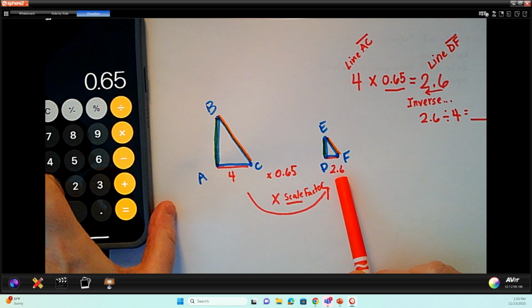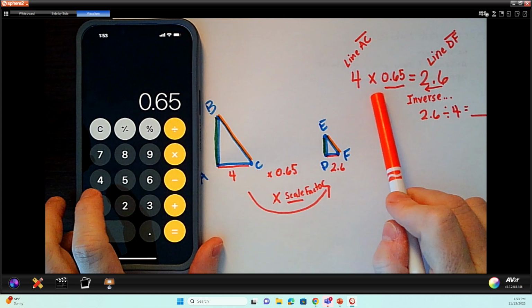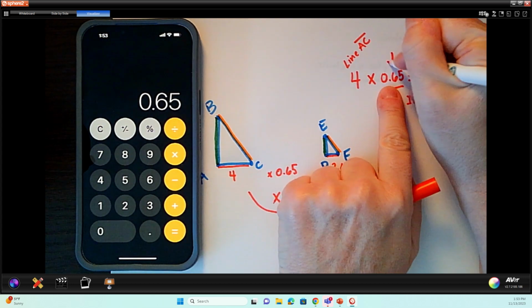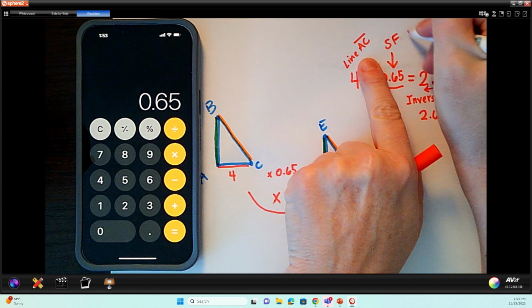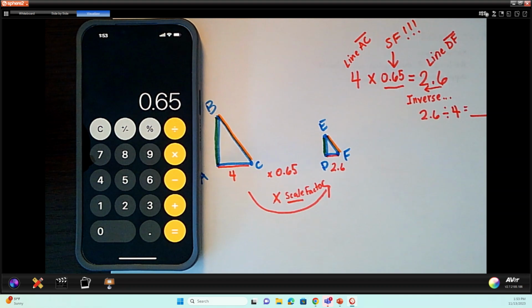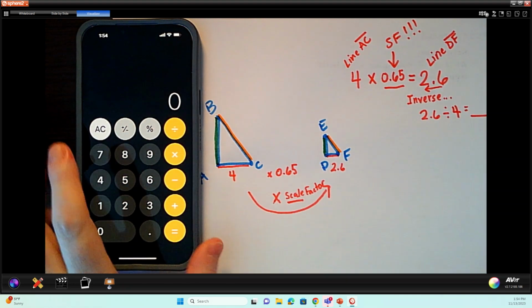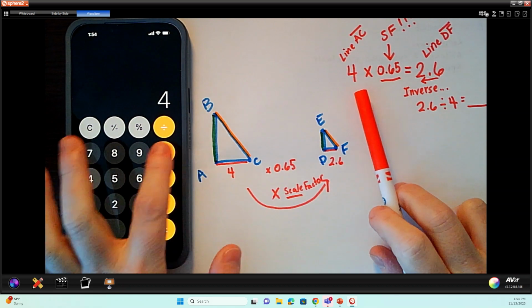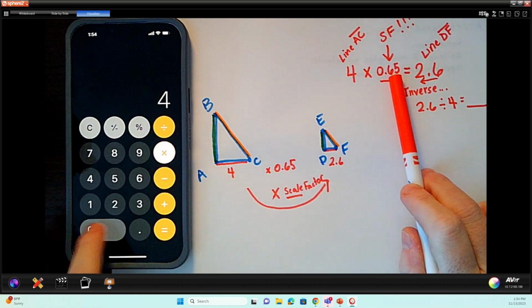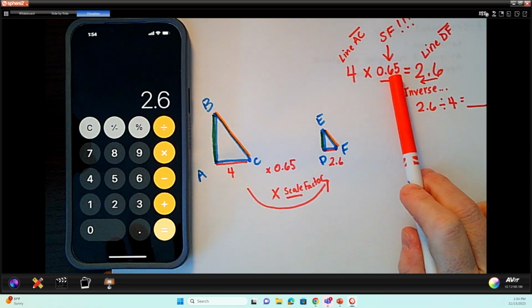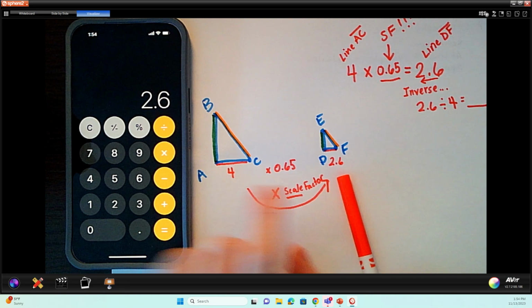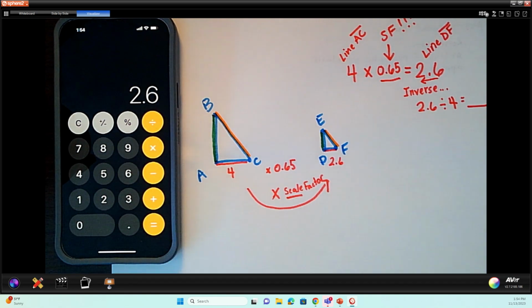And I can even check it by doing the math. Okay, that's my scale factor. That's like the magic, right? That's like going to give me the key to the rest of the problem. Okay, so this would be 4 times 0.65, and look, 2.6.